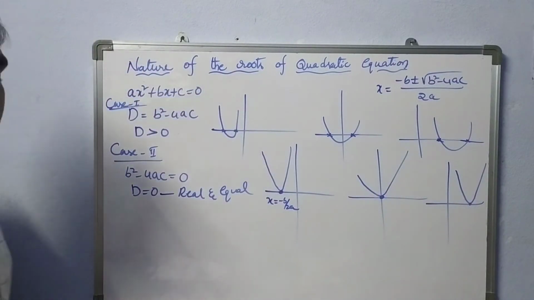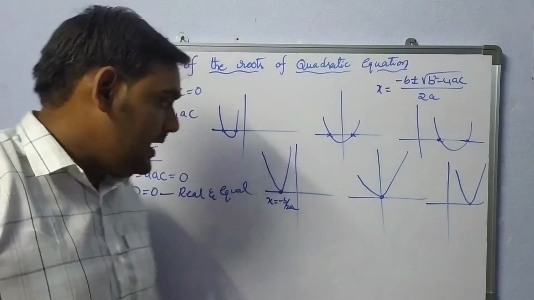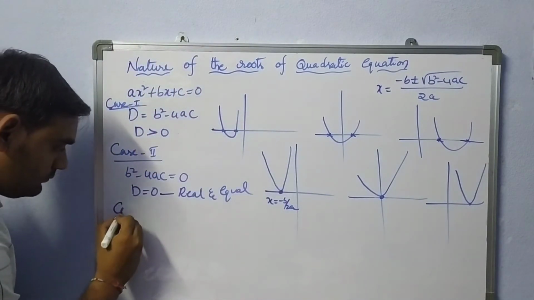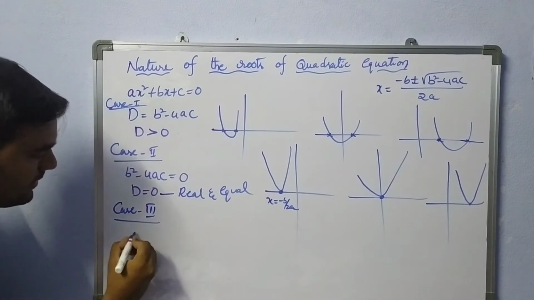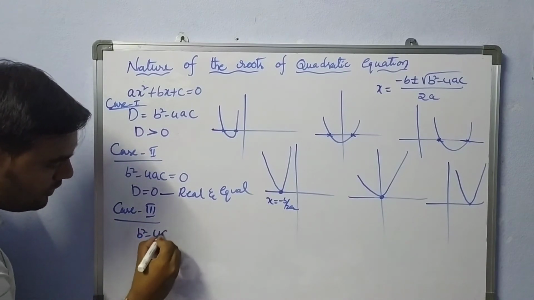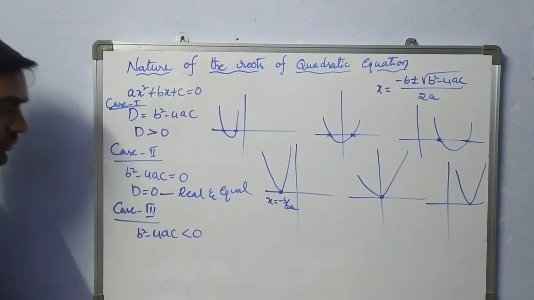Next, when the discriminant value is less than 0, take that as case 3. At that time, b square minus 4ac is less than 0.